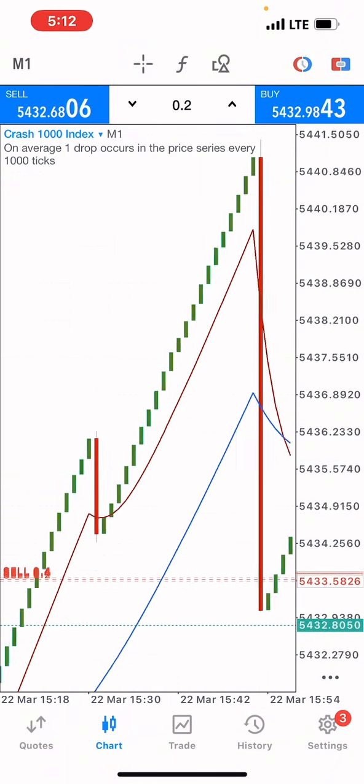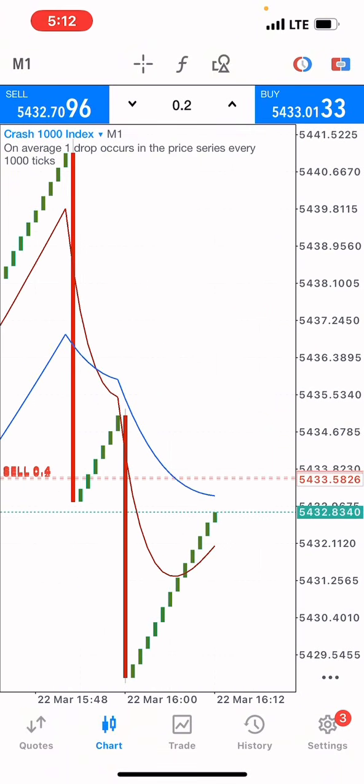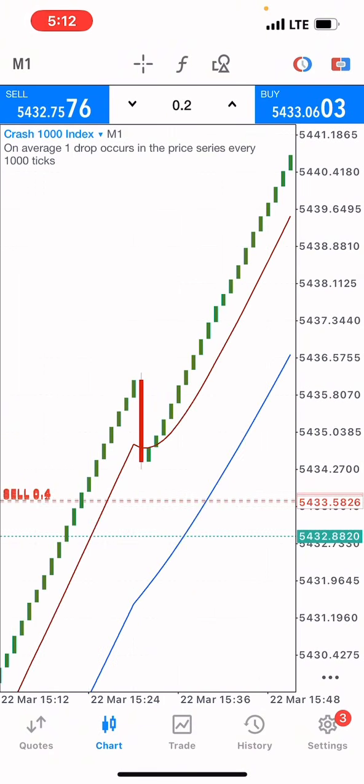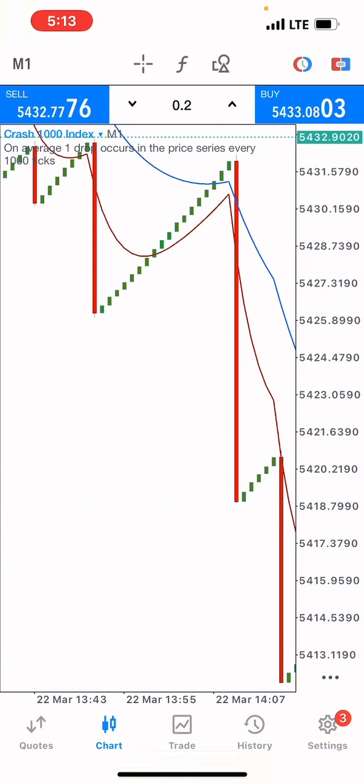Whenever there's another spike from that level, from the moving average level, I'm going to wait for price to go back up again, and then I will target the next spike. That's exactly how it works. It's not so difficult. Here you can see that after this first spike, the next one was longer.